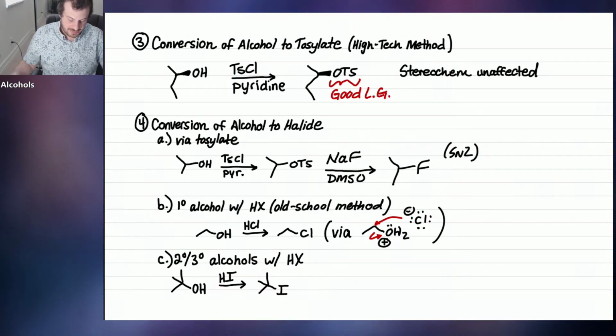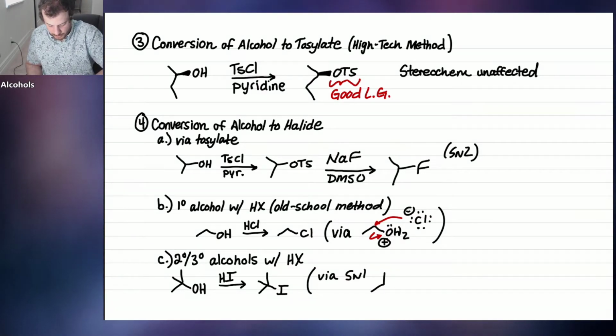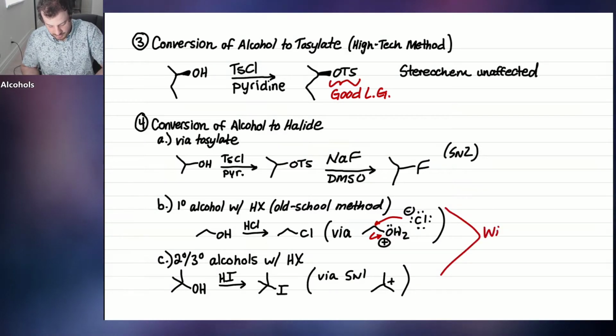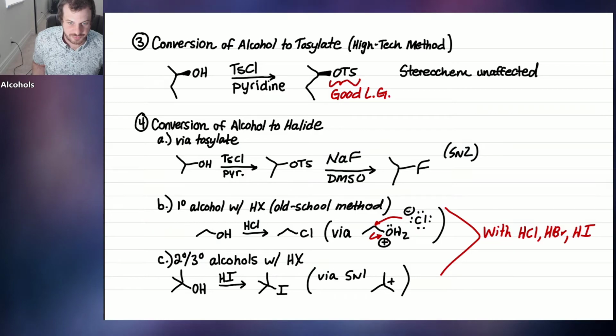And that goes via the SN1 process. So it goes through a carbocation intermediate. It's important to note that for B and C, this only works with HCl, HBr, and HI, not HF. If you want to turn an alcohol into the fluorine halogen, you have to use method A and do SN2. It doesn't work with HF for B and C.